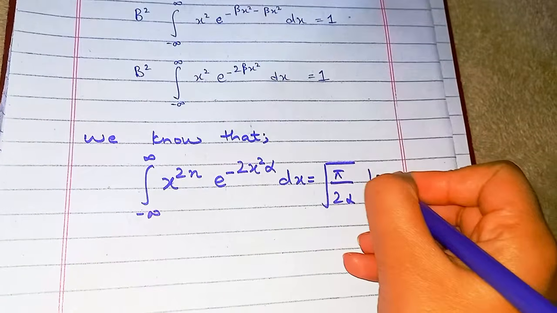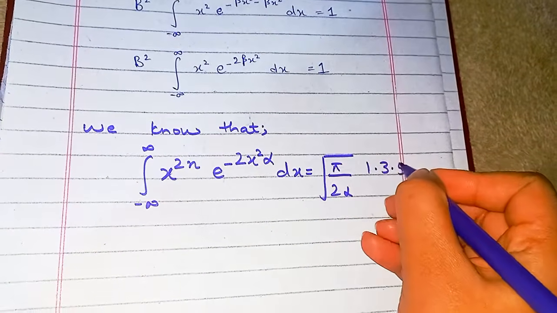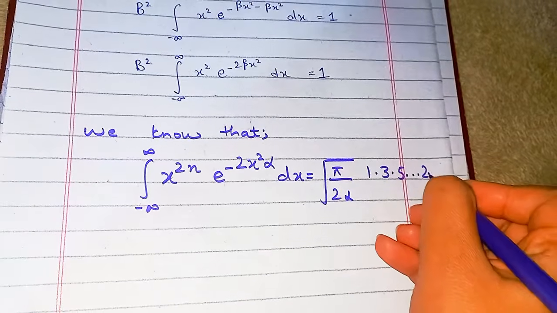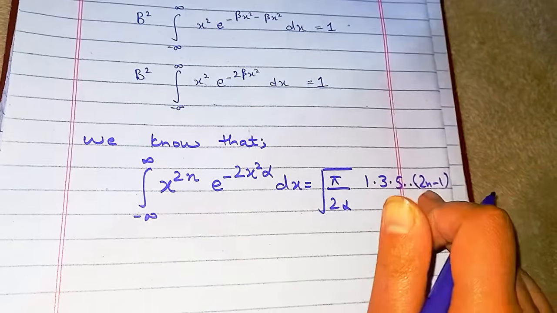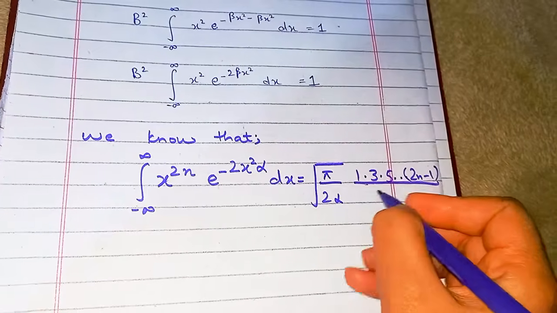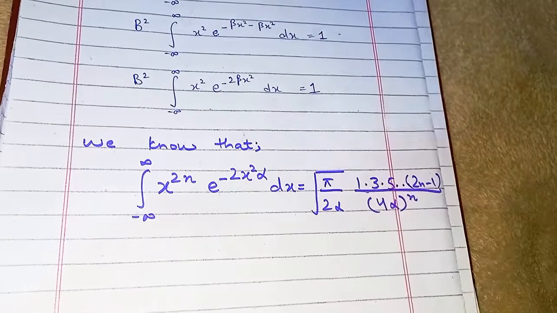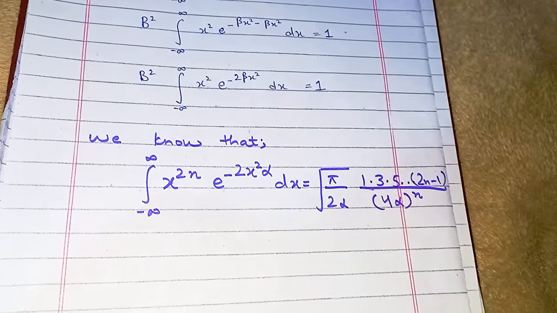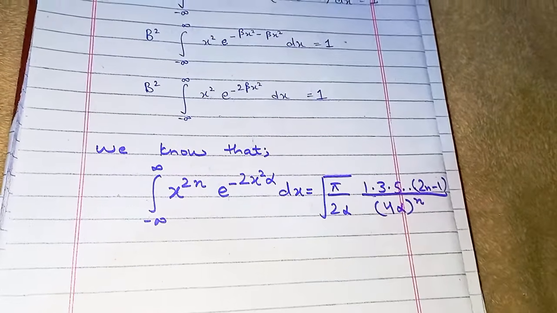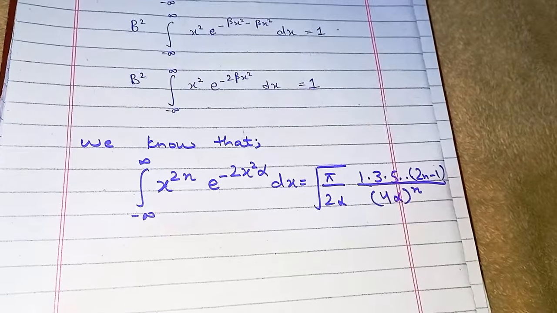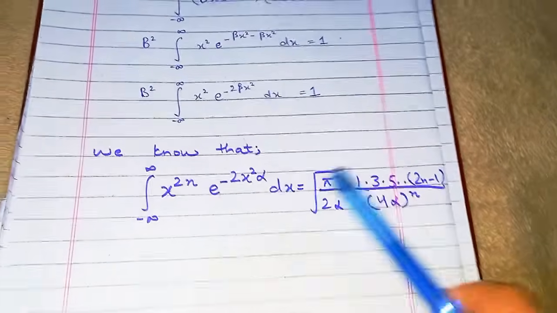Then we have this multiplication sign where we keep on multiplying until this number is reached, divided by 4 alpha to the power n. That is the general formula, and whatever the case is, you insert the values and get your desired result.